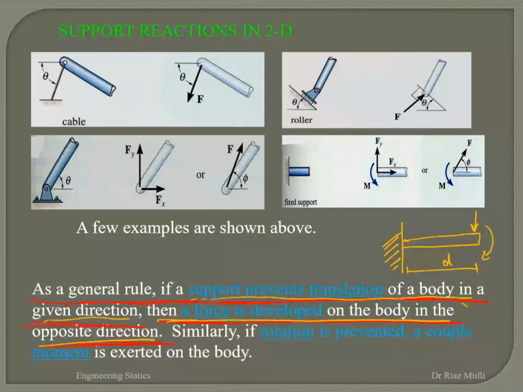But it is not rotating. The reason it's not rotating is because it's fixed at the wall. So the wall will create an opposite moment to counter it. And that's what it says here.